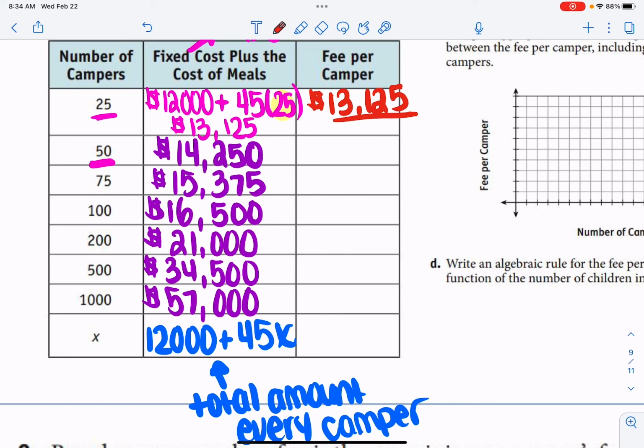So that's going to be 25. And that number would be 525 for each camper.